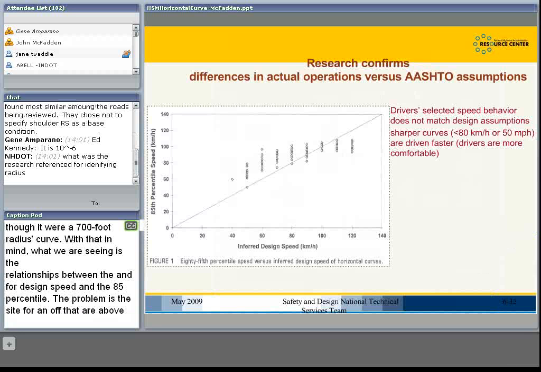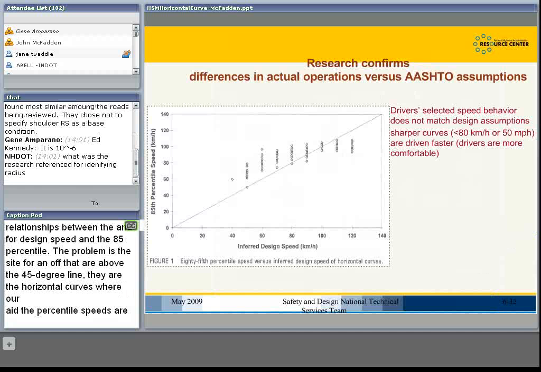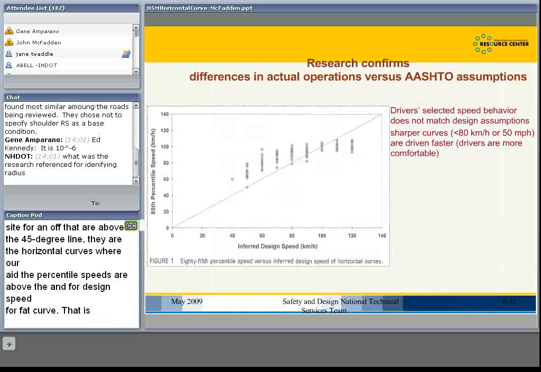So with that in mind, what we're seeing in this slide is the relationship between the inferred design speed and the actual 85th percentile speed on horizontal curves. The problem area is the sites, or the dots, above that 45-degree line. Those are the horizontal curves where our 85th percentile speeds are above the inferred design speed.